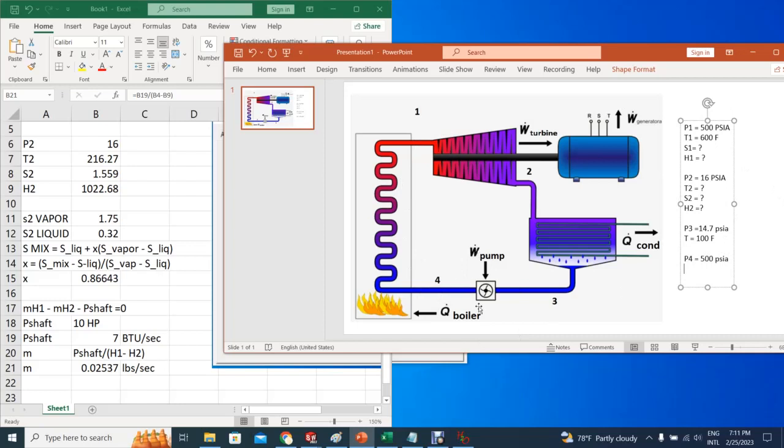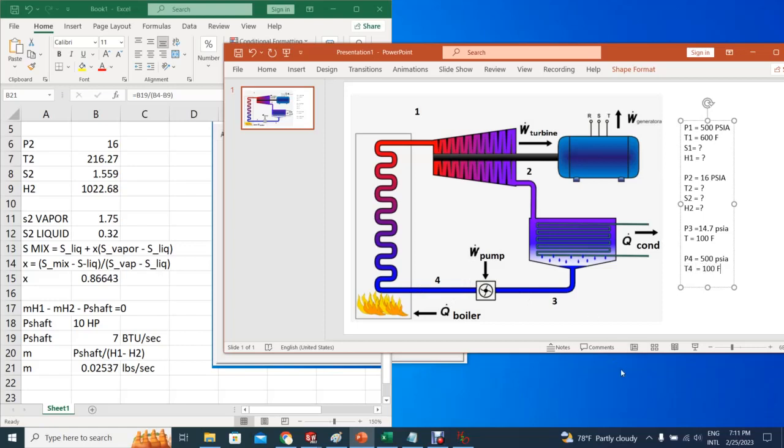Well, there's some little amount of heat that you get from your pump when you pump this material from 3 to 4. I will not consider that at this point because it's very, very small. So the temperature of point 4 will be the same as point 3, about 100 degrees Fahrenheit as well. That's it.